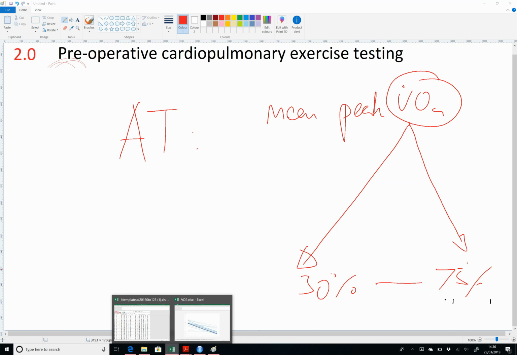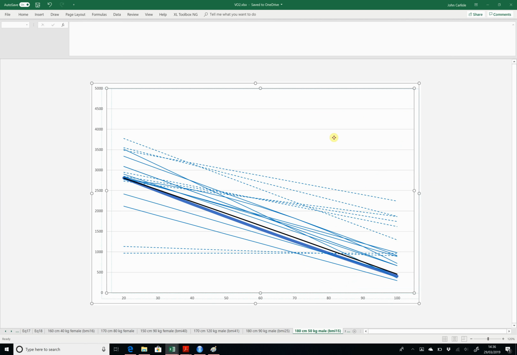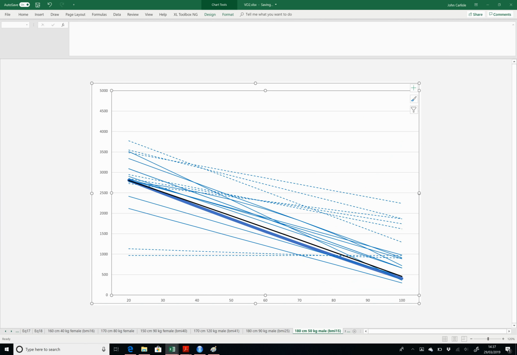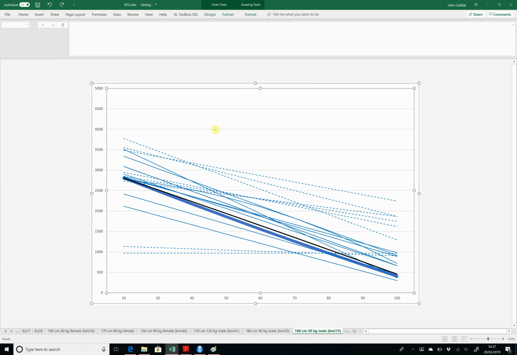And just going back to our graph, as somebody ages, as somebody gets older, the ratio of the oxygen consumption at the anaerobic threshold over peak goes up.